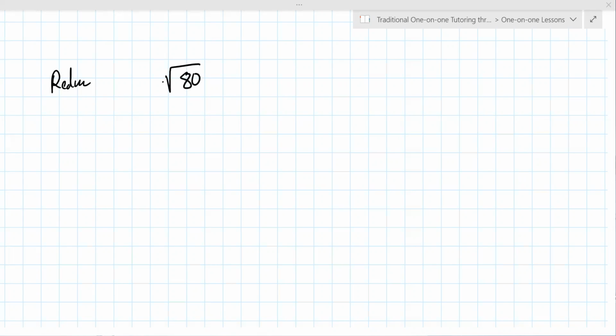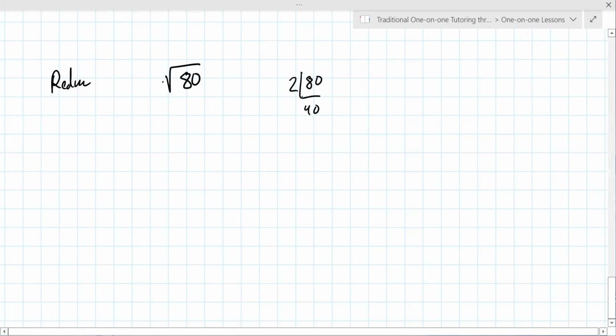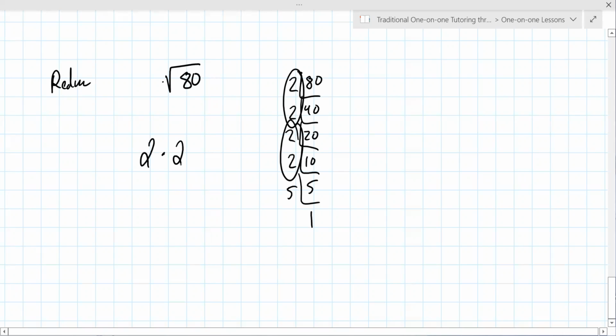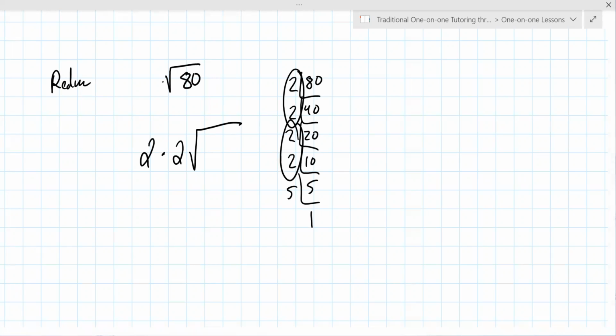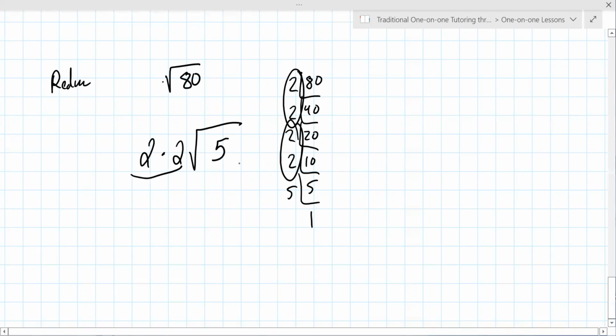Bundle up a pair, since I have two 2s. Oh, do I bundle up both of them because there's 2 pairs? Yes. And then how does that work out? You bring a 2 out and then you bring another 2 out. What goes right? 5. Now you multiply anything on the left or the right. So in this case, it'd be 4 square root 5.